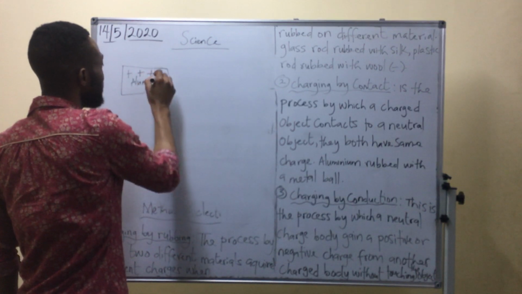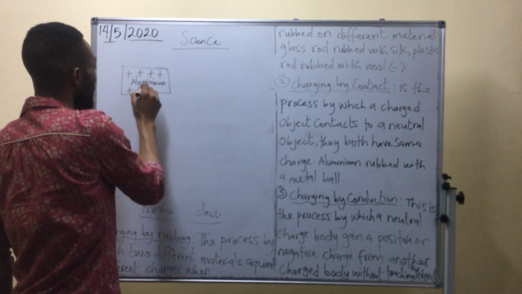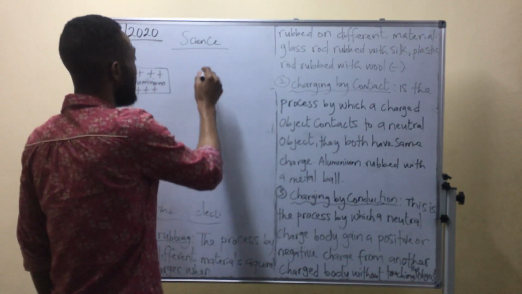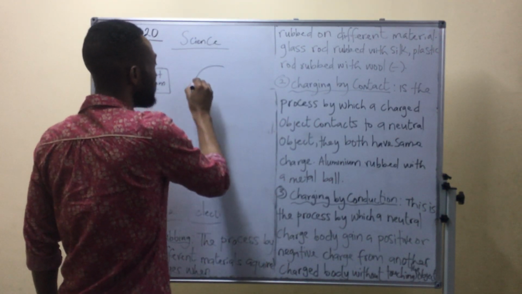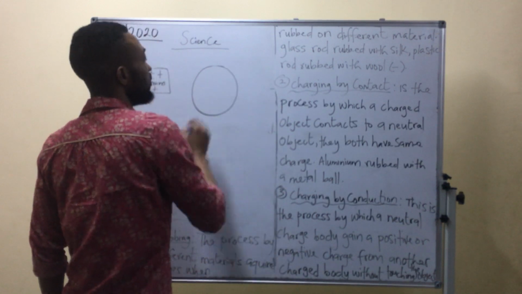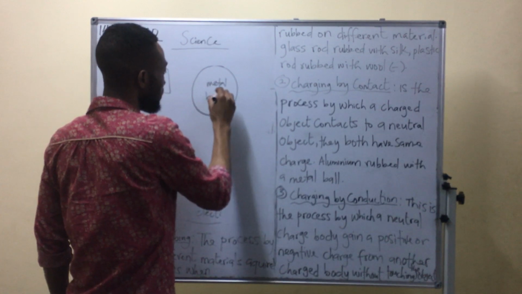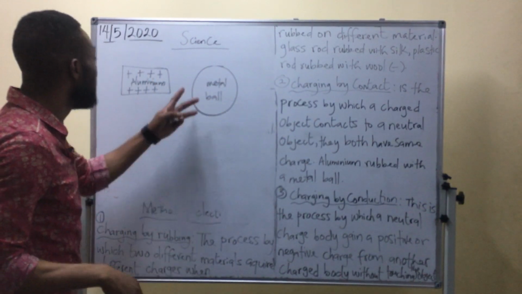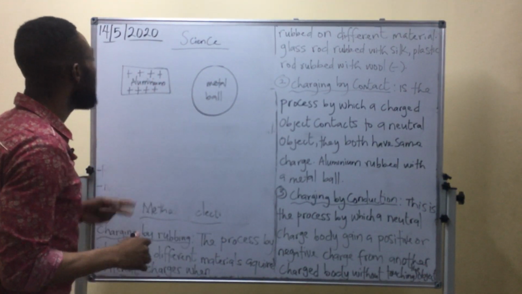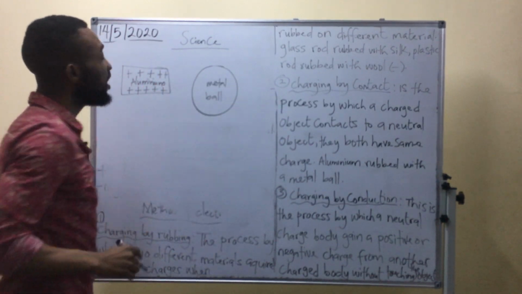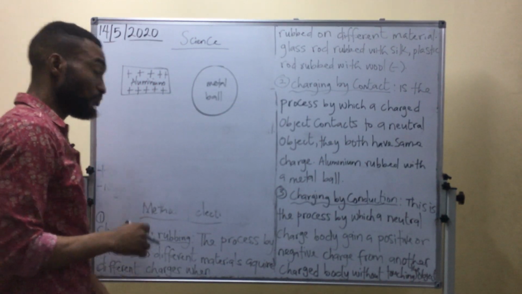This is a positive charge. And this is a metal ball of a neutral charge. But this aluminium has 10 positive charges on it.